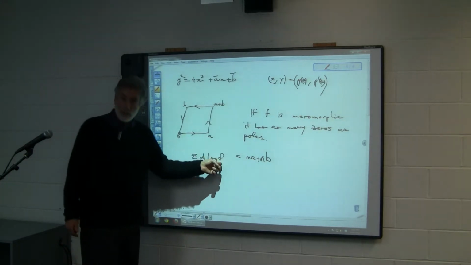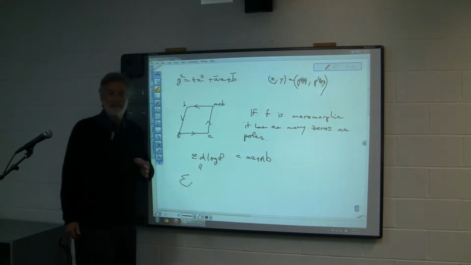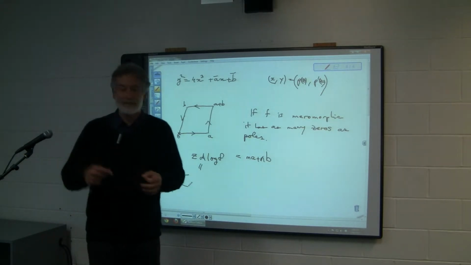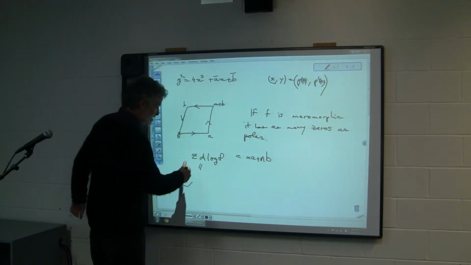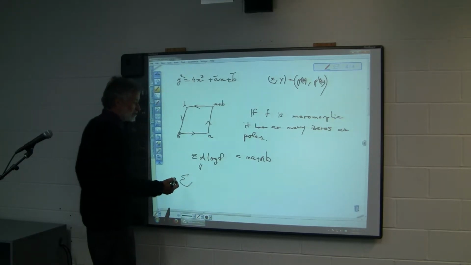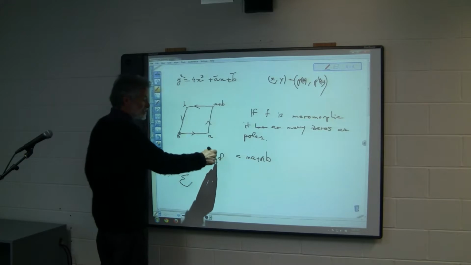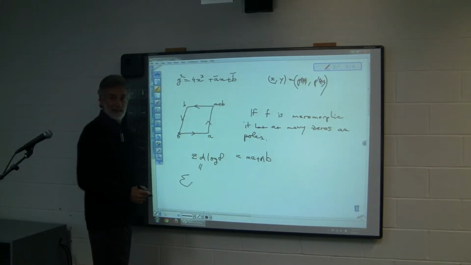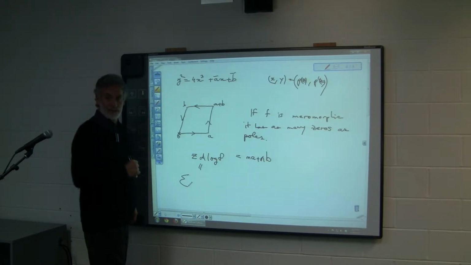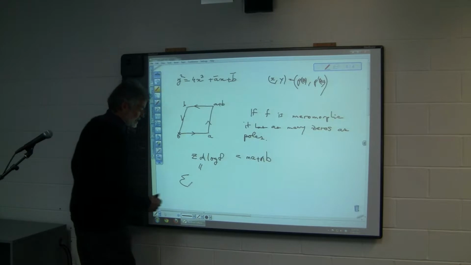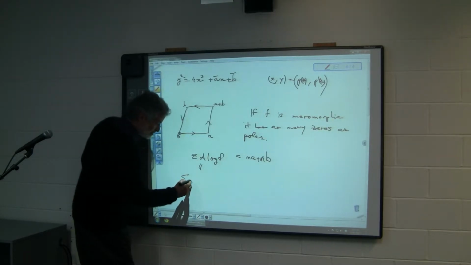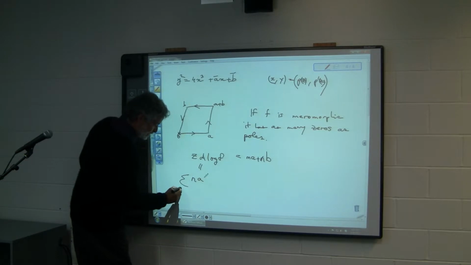And if f is meromorphic, then the logarithm is additive. This is just the integer n, where n is the order of 0 of f at that point. Anyway, so you get n times a.